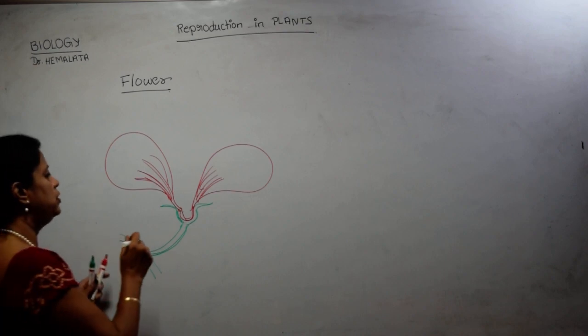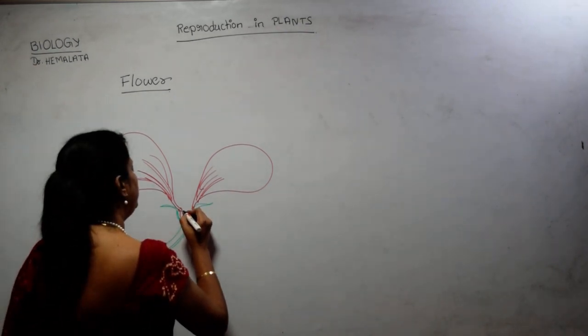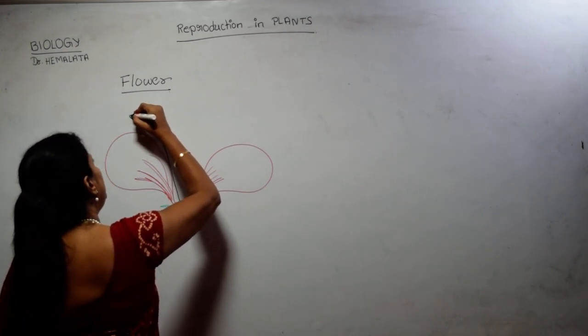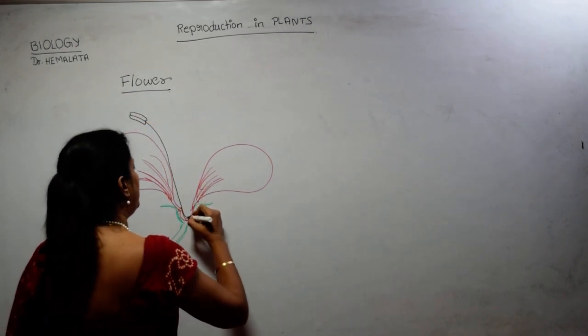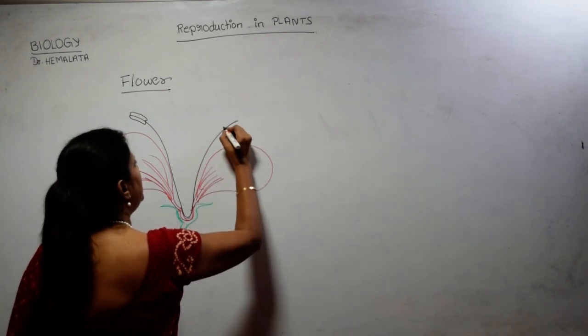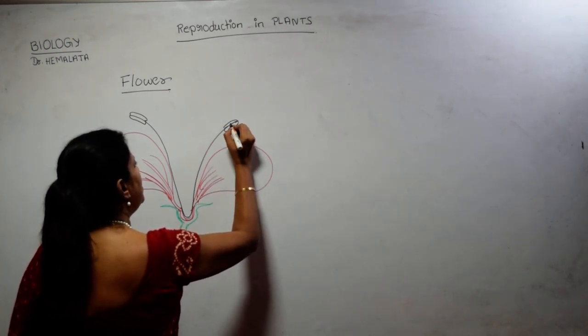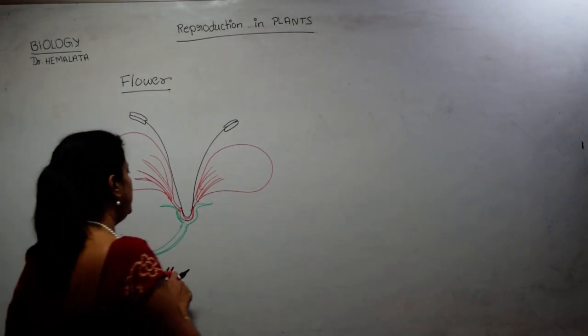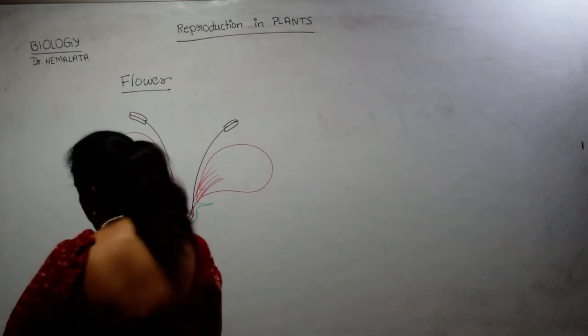Then in the central portion we have the first whorl of the sex organ, the male reproducing structure. We call this the stamen or the anther, and the whole whorl is called androecium, right? And the central portion is the gynoecium.